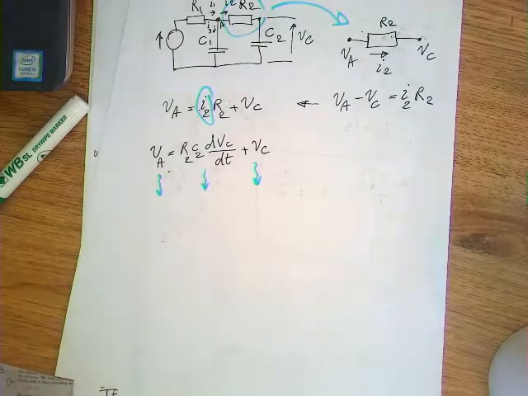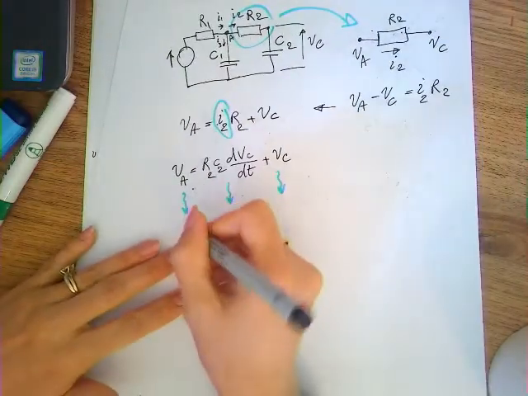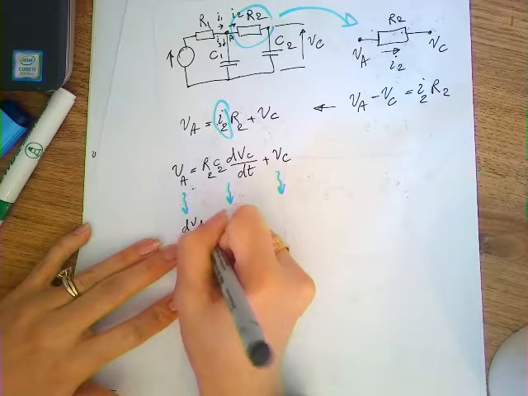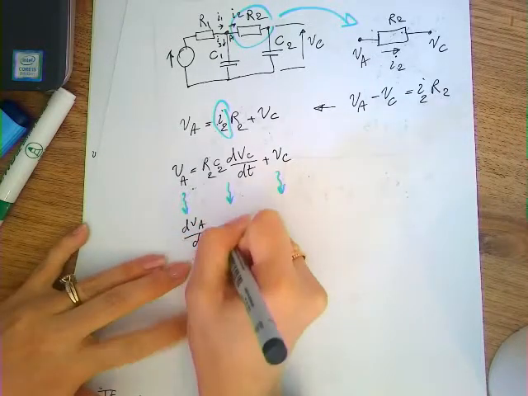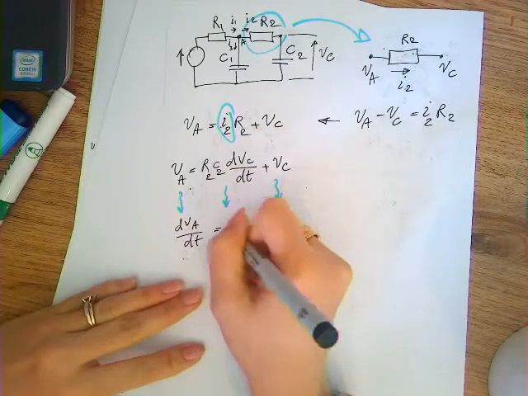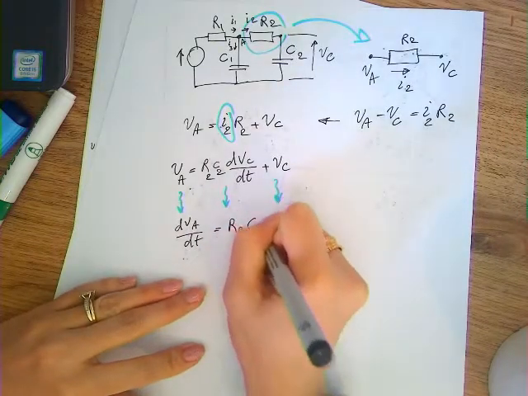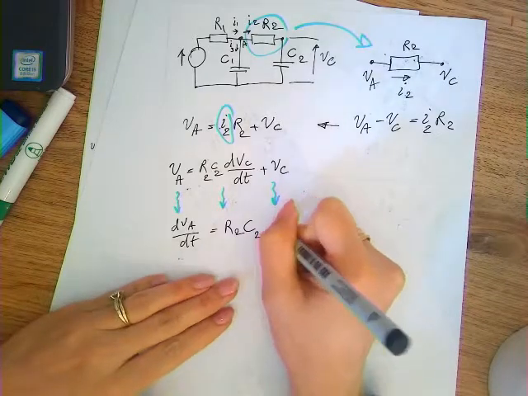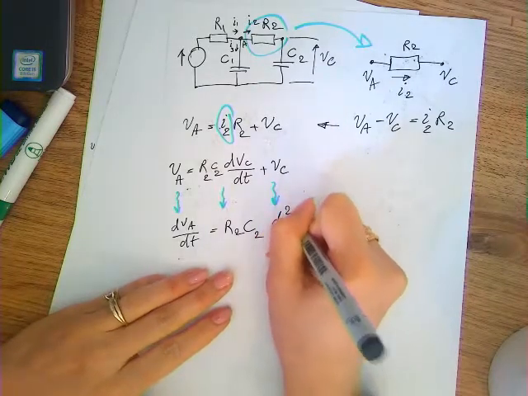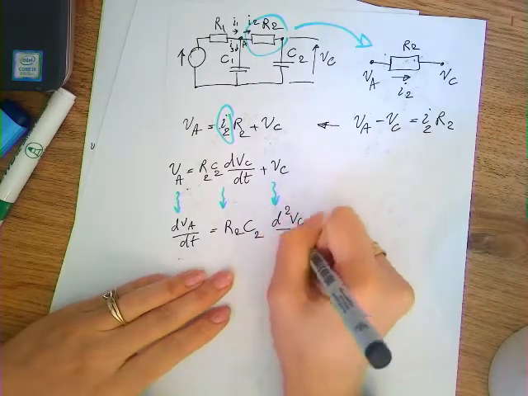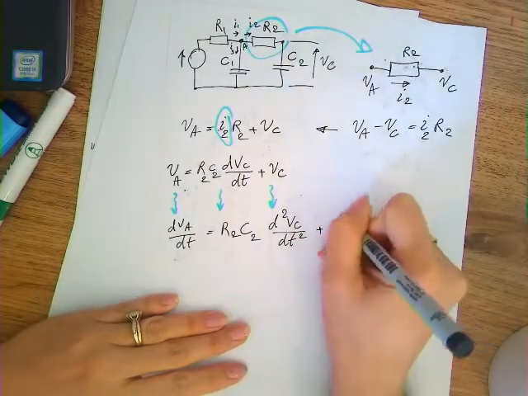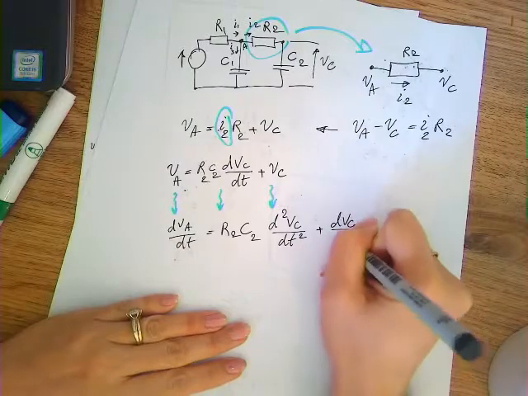Let's see what I get over time. So the derivative of VA over time is equal to, so constants are factored out, and then I will have the second derivative of VC over time, and then I will have the derivative of VC over time.